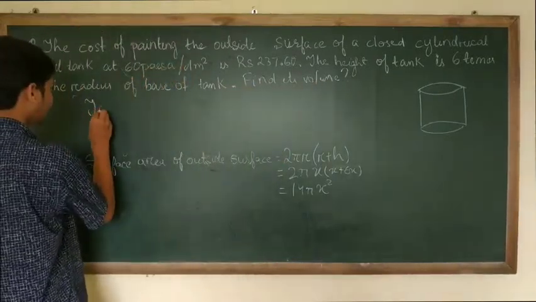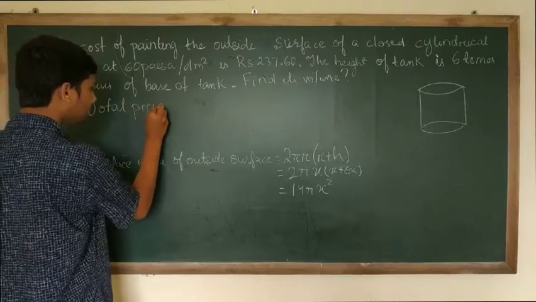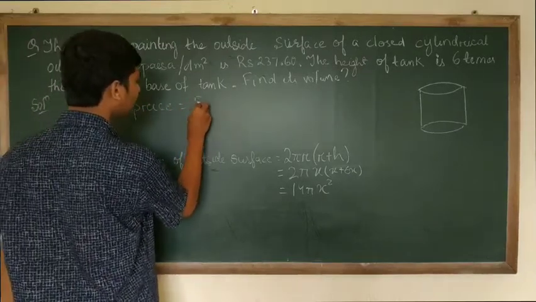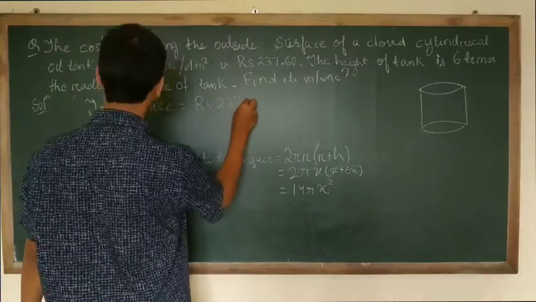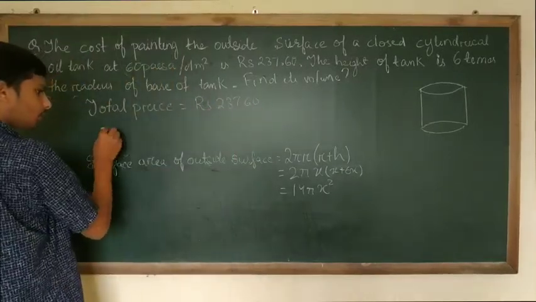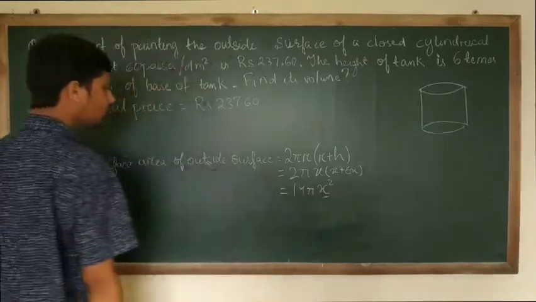The total price is equal to Rs 237.6. So we have to find the radius first.